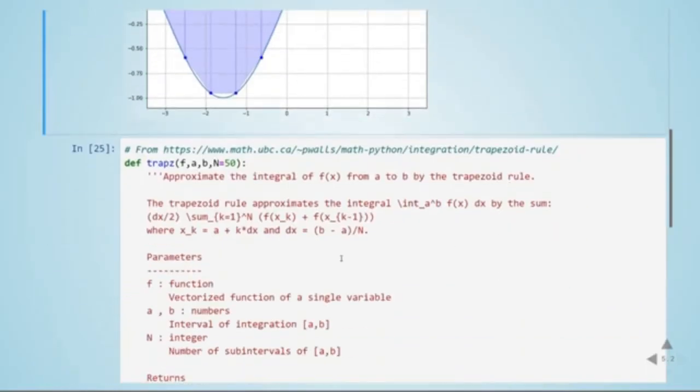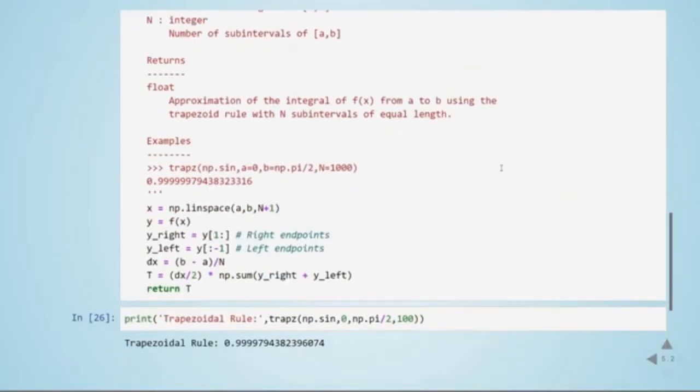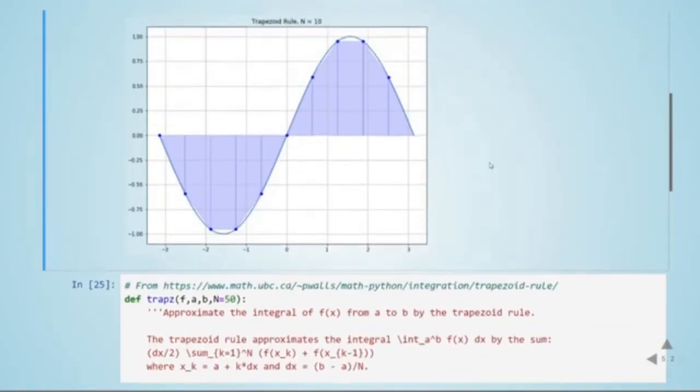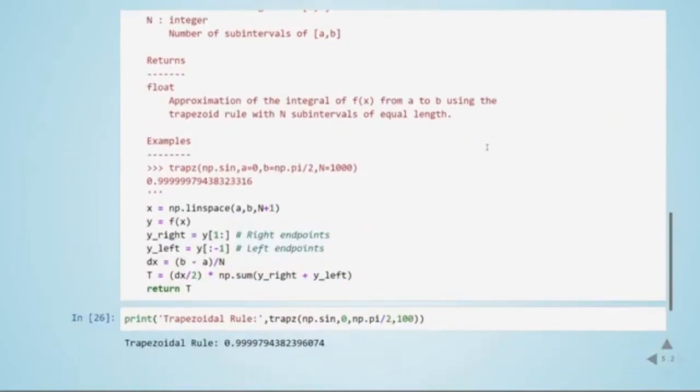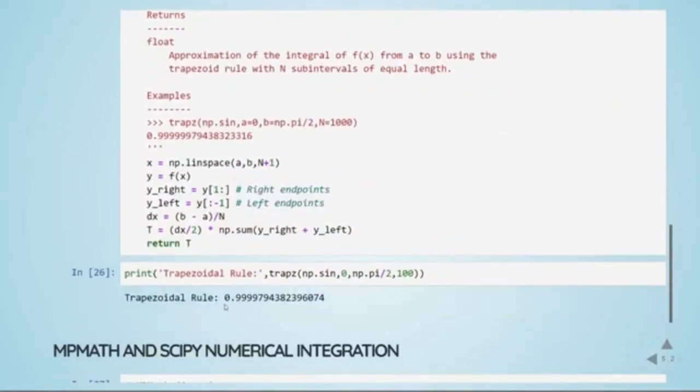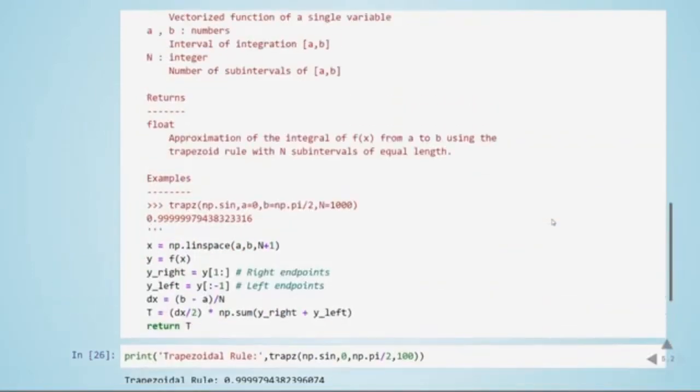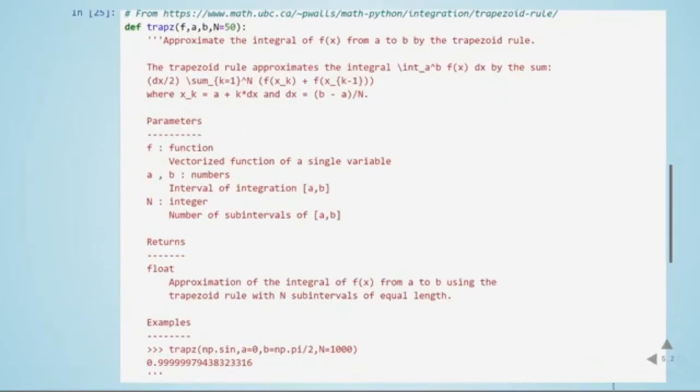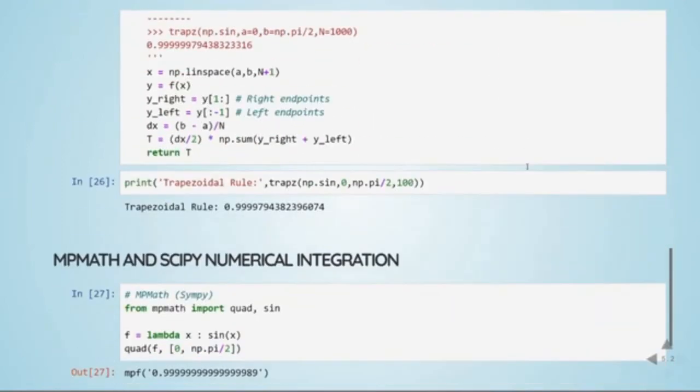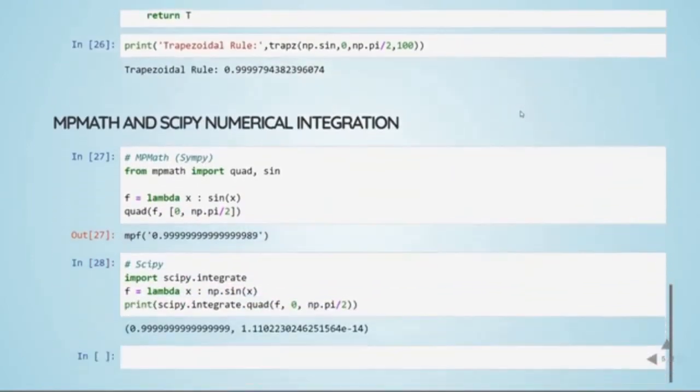Here is the function, taken from the same place, to calculate the approximation of an integral using the trapezoidal rule, and we see that we get a very good result, very close to 1, which is what we calculated symbolically.